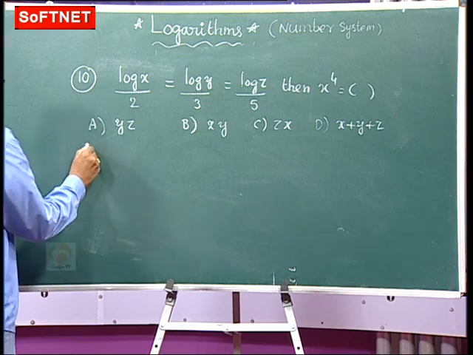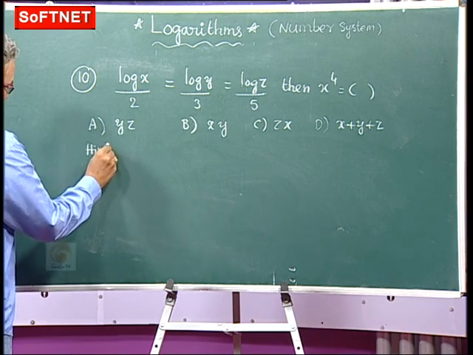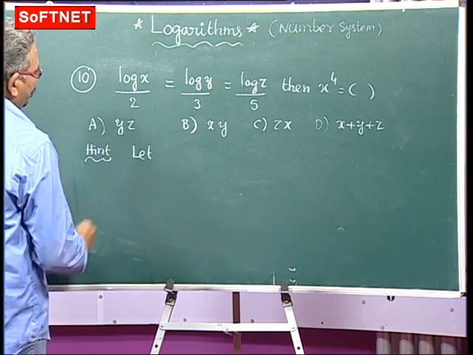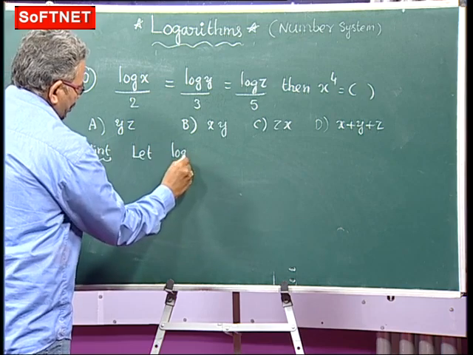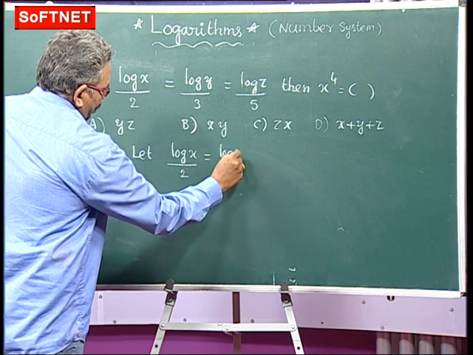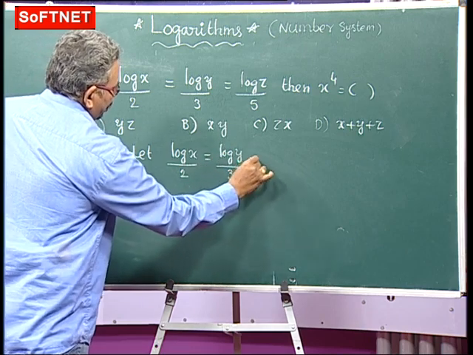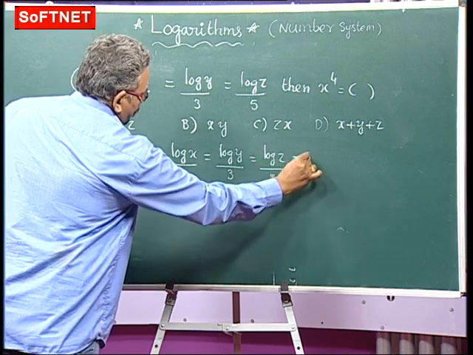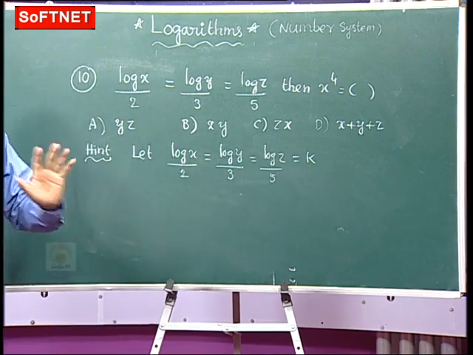Here, first let us assume this log x over 2, log y over 3, log z over 5, something k, where k does not equal 0.